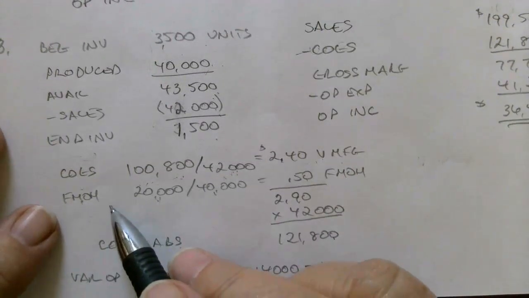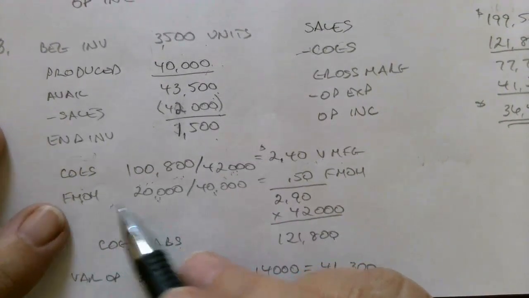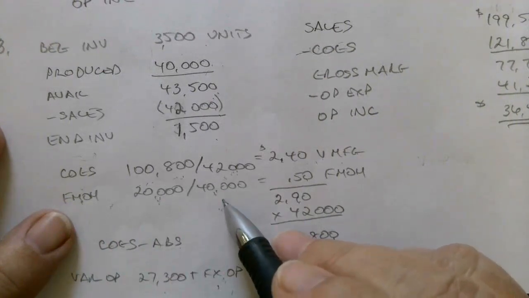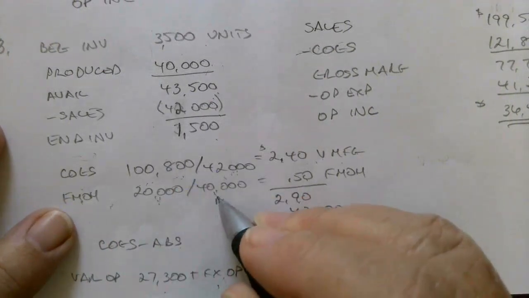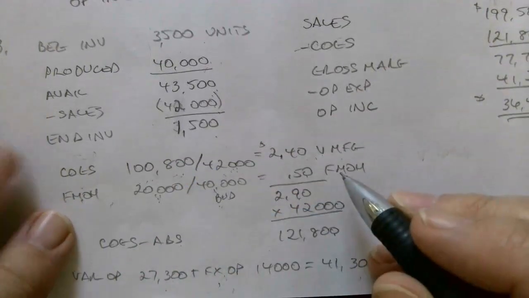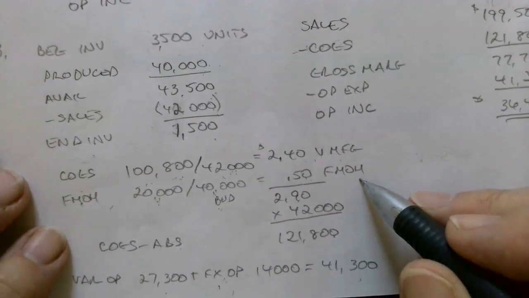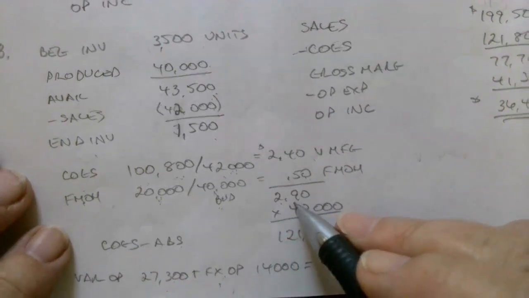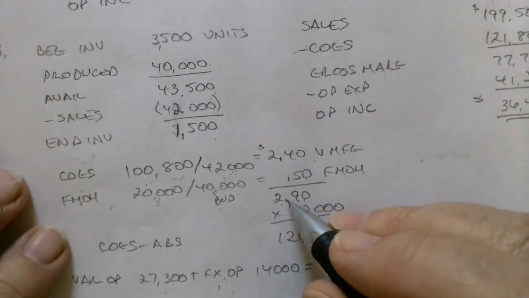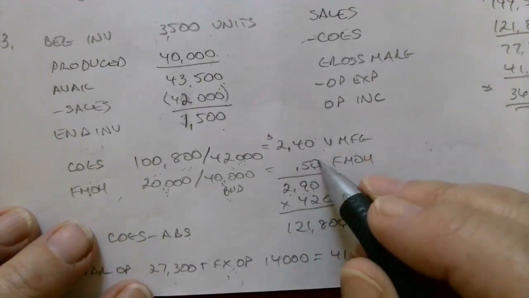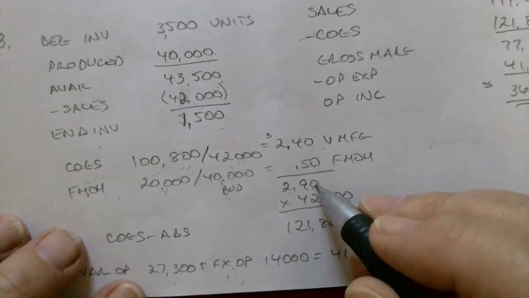And then fixed manufacturing would be the 20,000 divided by the 40,000 budgeted production. Okay, this would be budget. So that would be charged with 50 cents per unit of fixed manufacturing overhead. So our actual cost of goods sold per unit, the two together, variable and fixed, is $2.90.